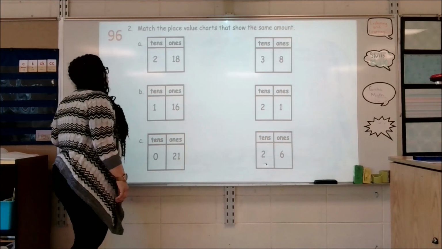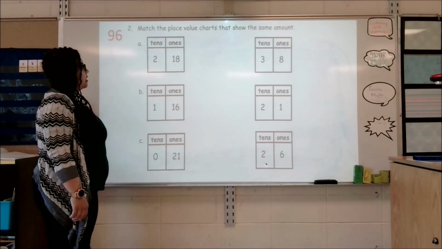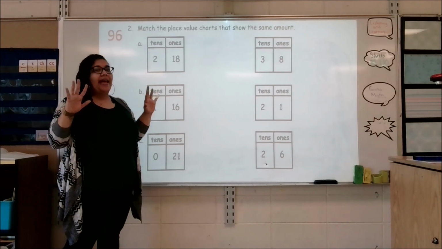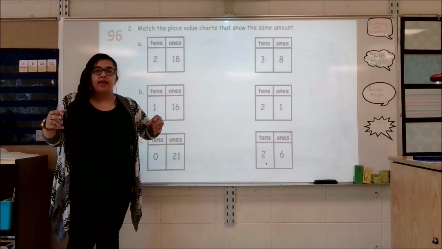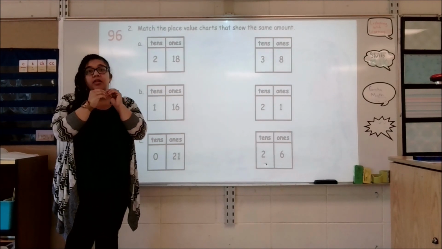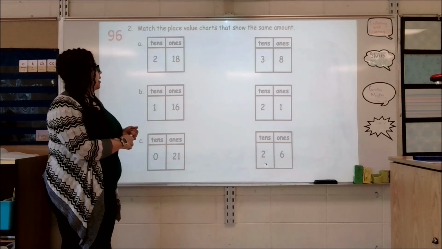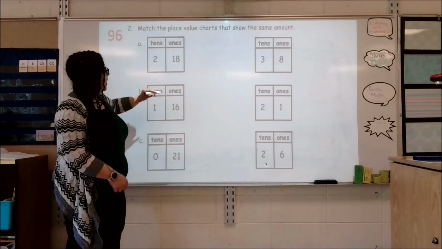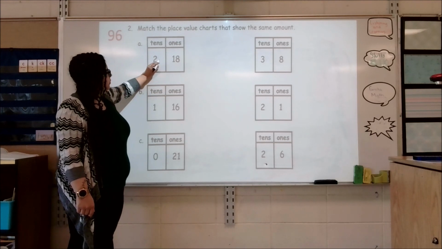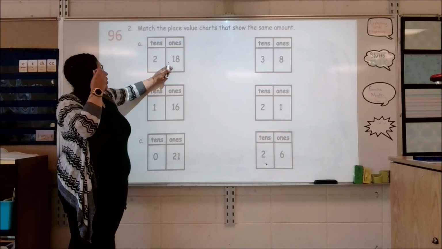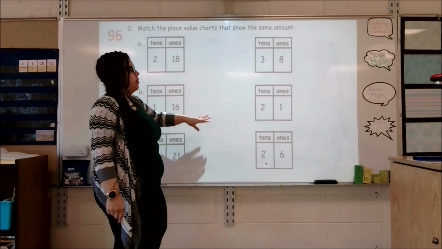So right here we're given 2 tens and 18 ones. If I have 18 loose ones, I can go in there and link some pieces together to make a group of 10. Good. So 2 tens and 18 ones is the same as which one of these?